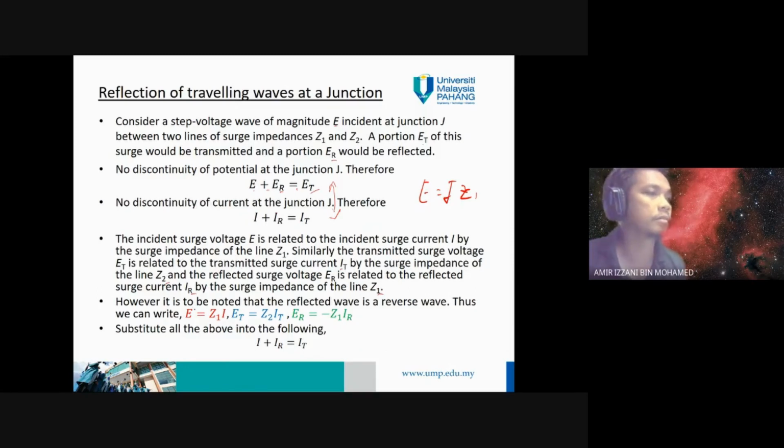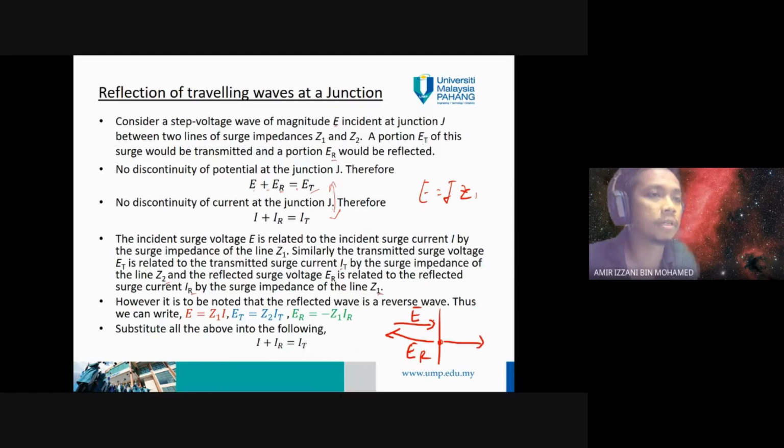However, it is to be noted that the reflected wave is a reverse wave, so it's not in the same direction as the incident wave. The incident wave arrives at the junction here, and the reflected wave ER goes in a different direction.